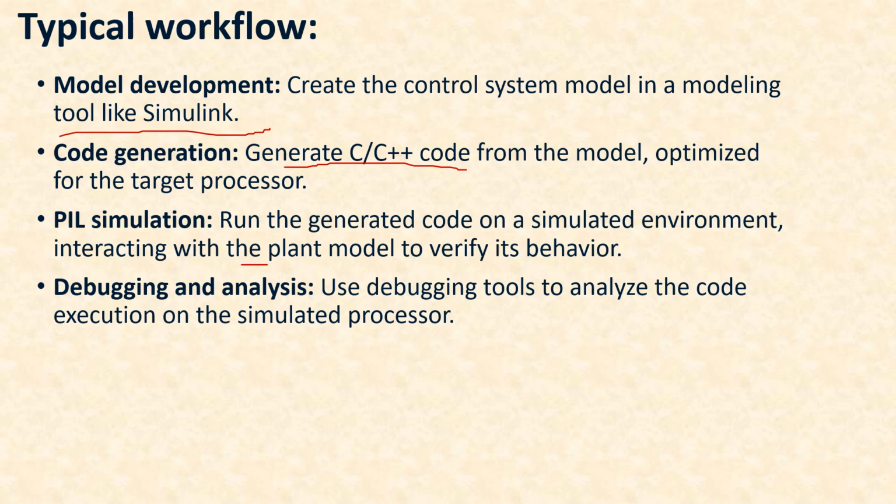Now you understand how close this is to HIL. Here also it is generated code in a simulated environment. In HIL it is generated code on an ECU in a simulated environment. Here it is generated code on a processor in a simulated environment. That's the only difference. Next is debugging and analysis: use debugging tools to analyze the code execution on the simulated processor. Finally, you debug.